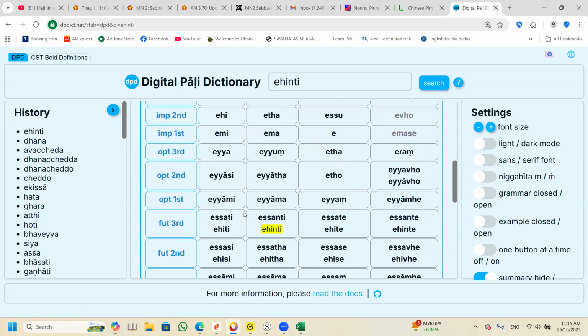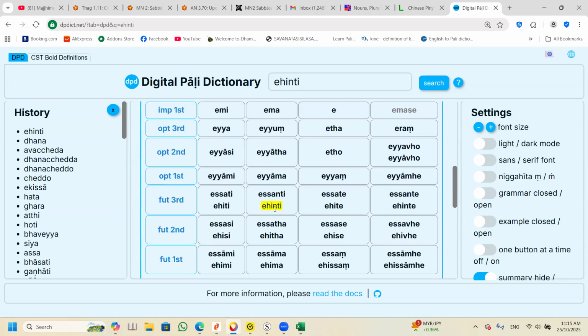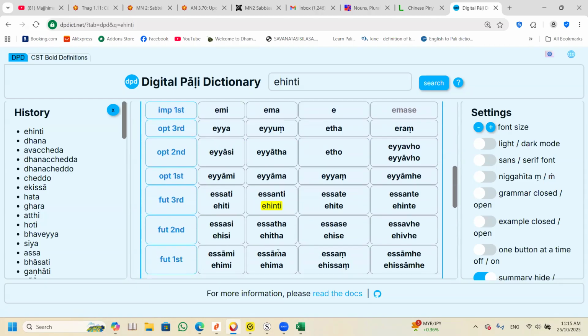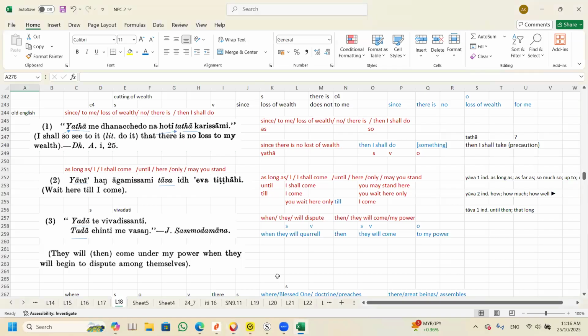A hinti is future tense, third person plural. So a hinti means they will. This one is easy to identify because SSA is future tense. Otherwise you have to verify using your dictionary. That means they will come.